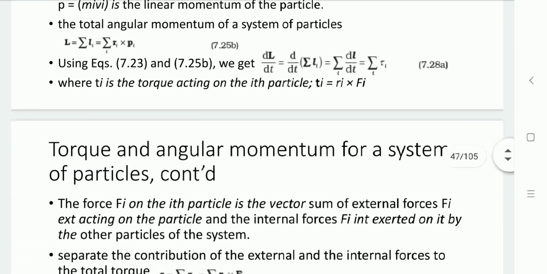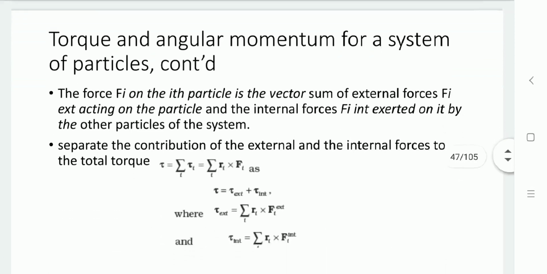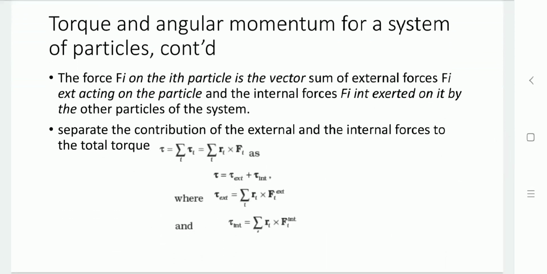Fi is the force on the ith particle, the vector sum of the external forces acting on the particle and the internal forces exerted on the particle by the system. So let us separate the contribution of external and internal forces. So we have torque external plus torque internal. Torque external equal to the summation of Ri cross F external, and torque internal equal to the summation of Ri cross F internal.